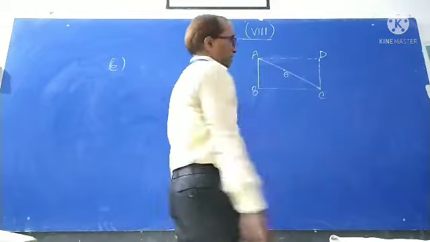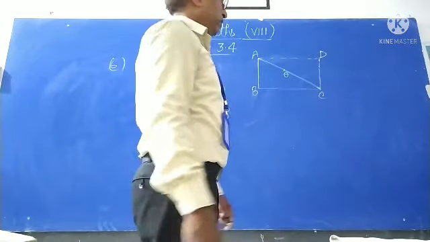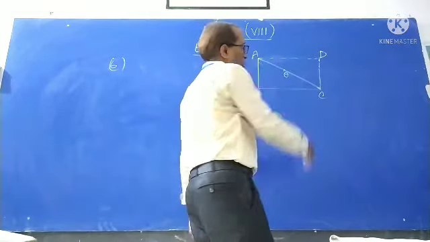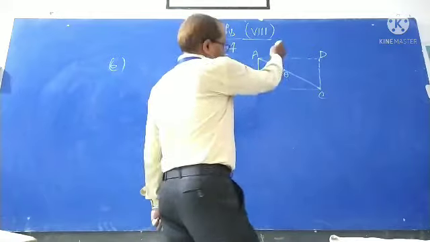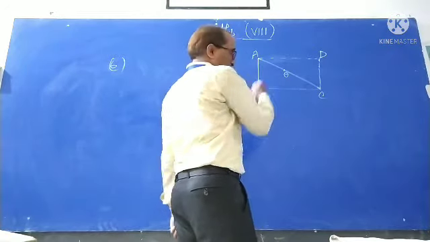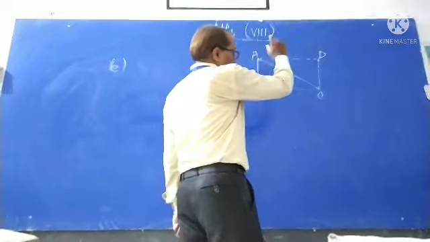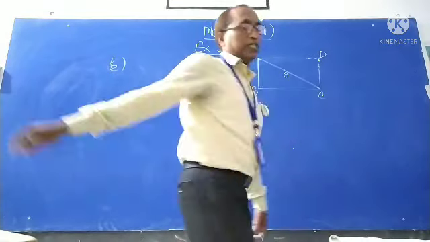Here is a construction. We construct here with dotted lines. AD is parallel and equal to BC, and AB is parallel and equal to DC.